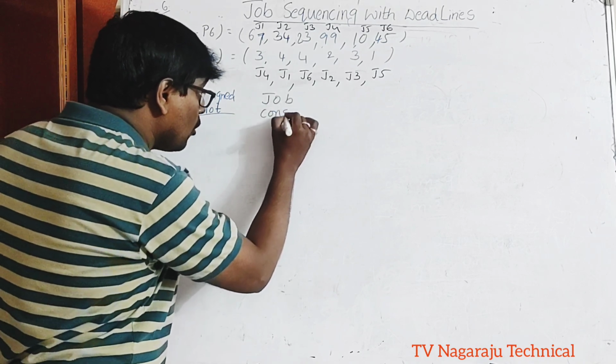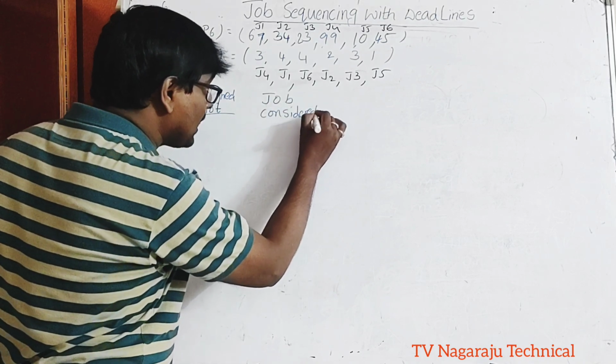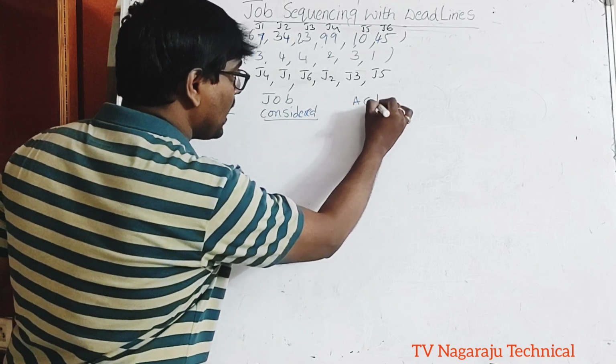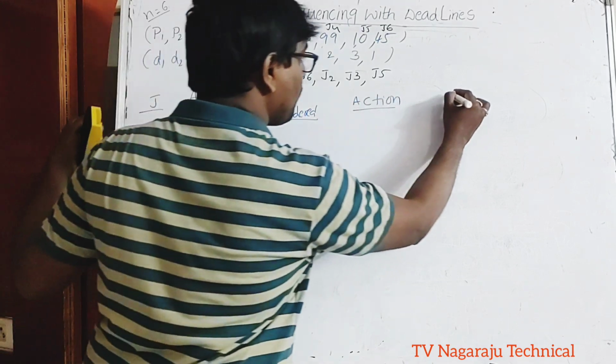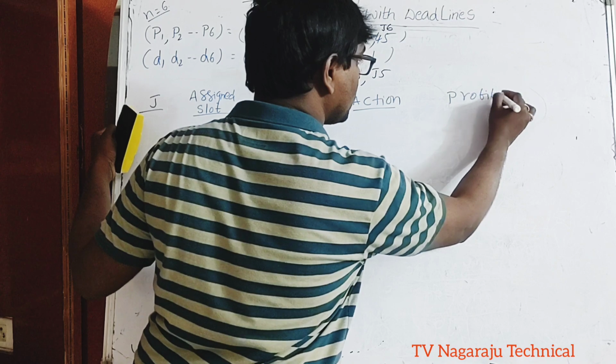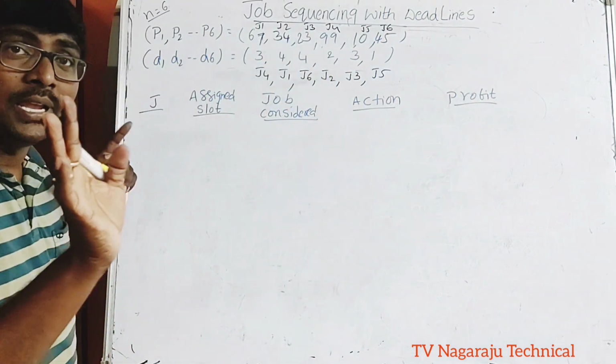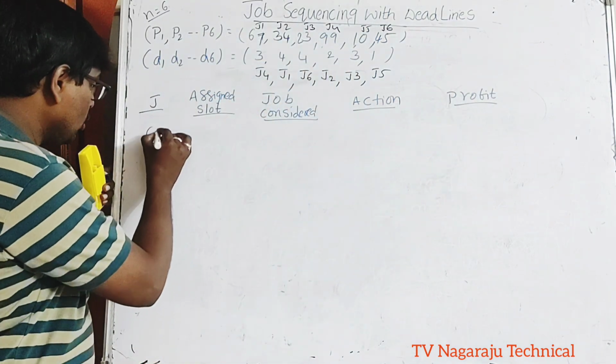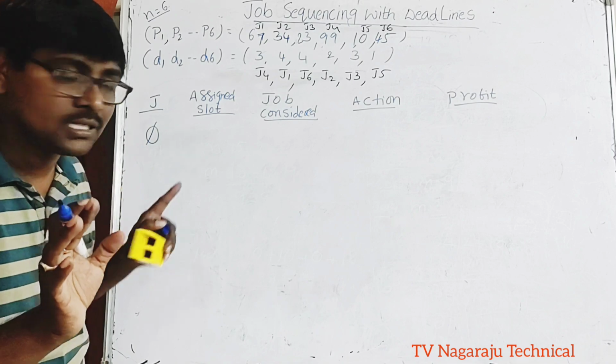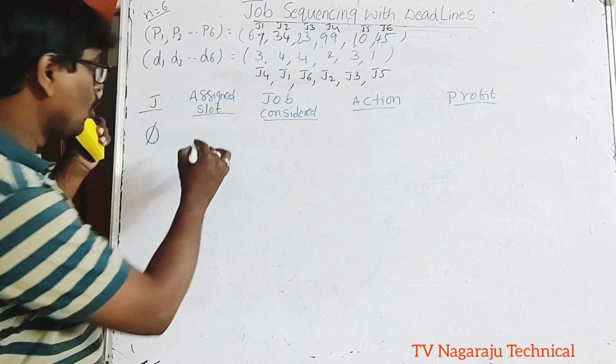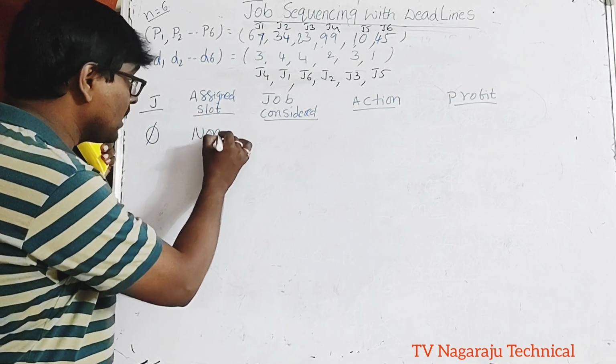Which job you are considering, what action you are doing, and finally what is the profit. So first, initially no job is in my final answer. No slot is allocated, none.